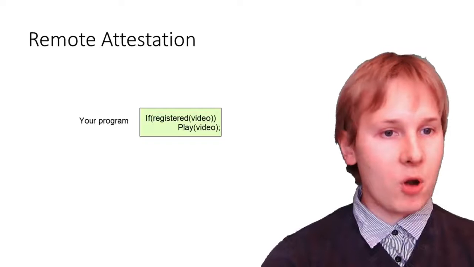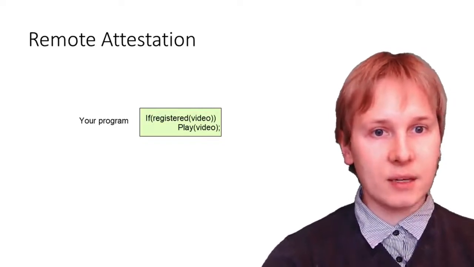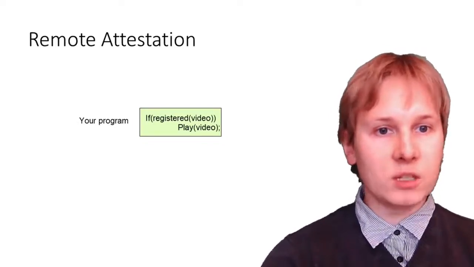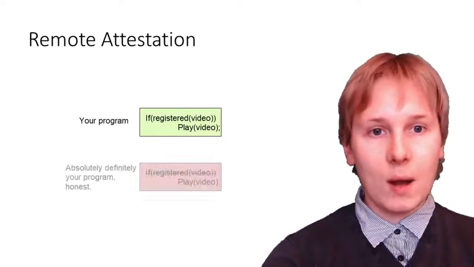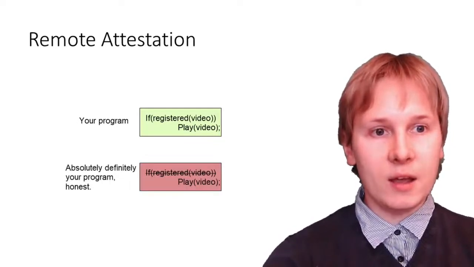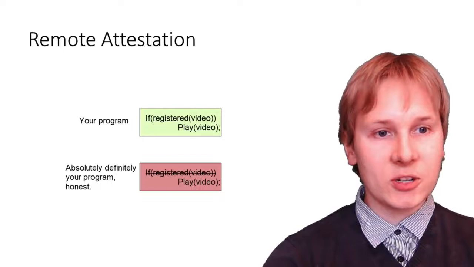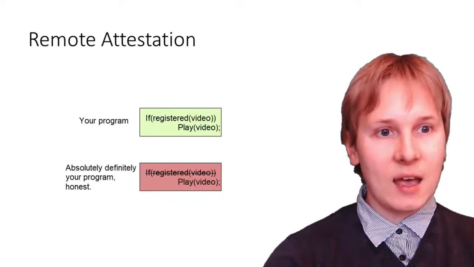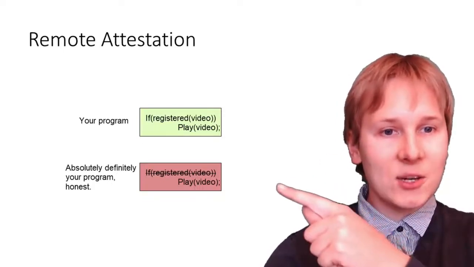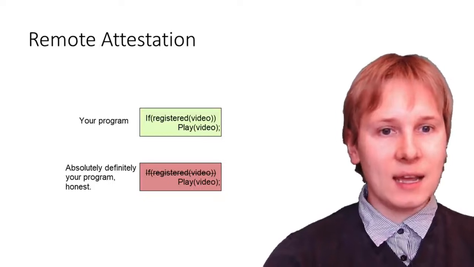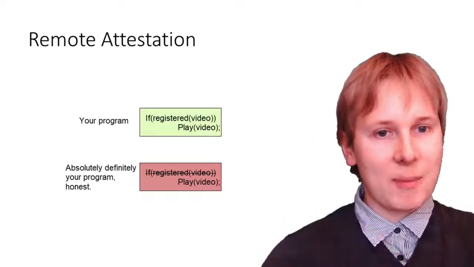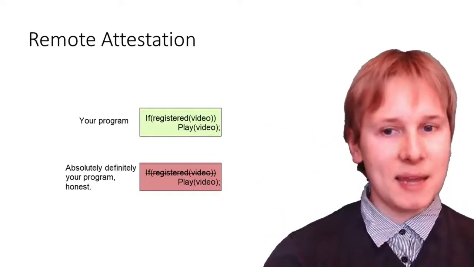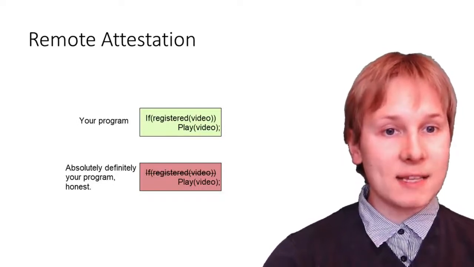And your program that deals with the DRM for this goes, if you're registered to watch the video, then play the video. Well, what if a clever person goes in and uses a binary editor and manages to edit out that line from the binary and runs this program instead with that line that disappeared? Well, it's not your program anymore, is it?